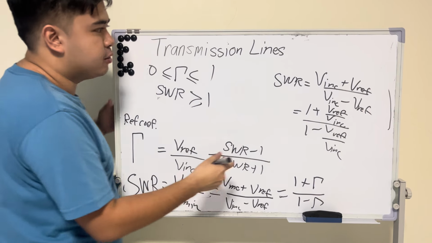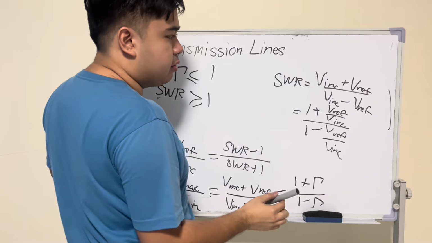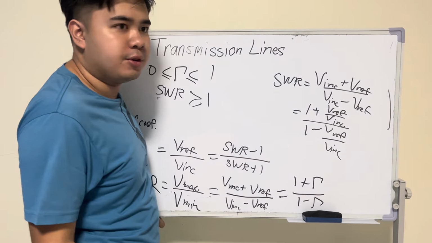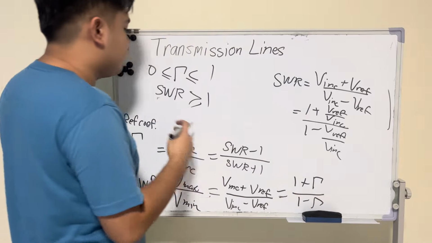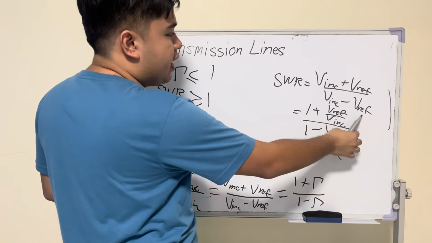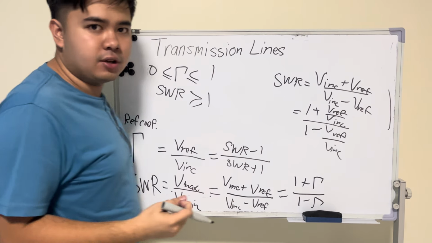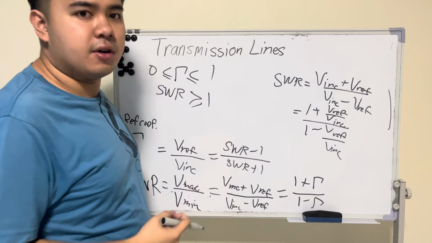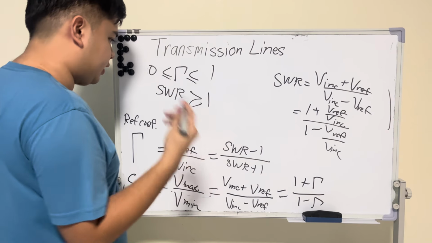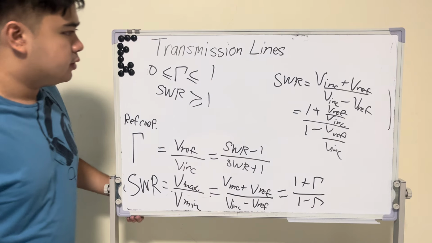SWR being equal to 1 would mean that the numerator and the denominator here are equal, and that would only appear if V reflected is equal to 0, which is what we want, right? And it can go up to infinity. When would that happen? When V reflected approaches V incident. The denominator would approach 0, and the denominator being 0 would result in it being infinite. So those are the bounds. All right.